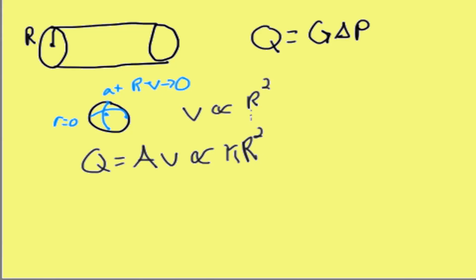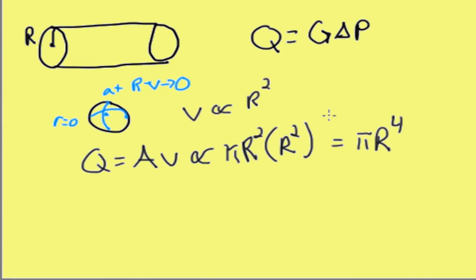If we make an over assumption that it's r squared everywhere, it's still going to go as r squared, just different by a constant, but at the center it's going to be big R squared. So then we're going to find that the volume flow rate is going to go as the radius of the pipe to the fourth.